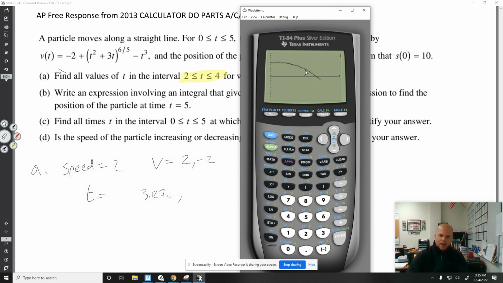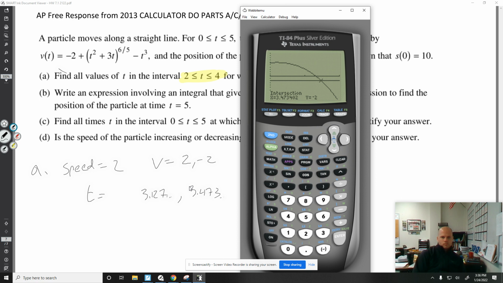All right, so we got one that's positive 2 at 3.127, and then we'll have one that's negative 2. Second, calc, intersect, enter. 3.473.